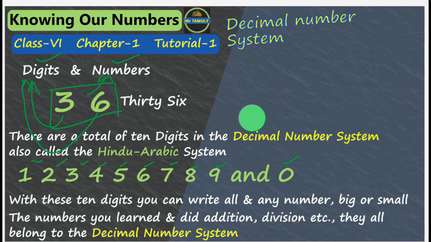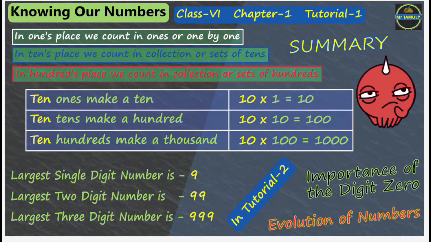So before concluding this first tutorial, let us have a recap of the summary of this tutorial. The first basic thing about the decimal number system that we have learned is in ones place we count in ones, in tens place we count in sets of tens.